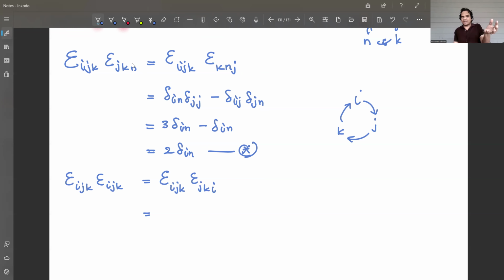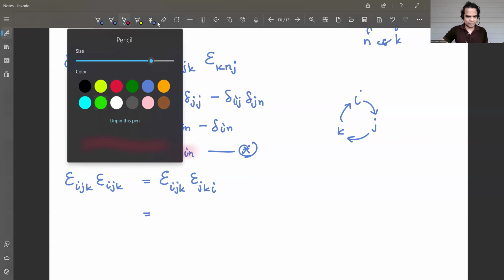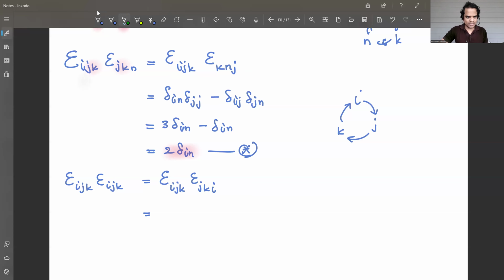So that means our previous one, JK, JK, so here also JK, JK. Now if I want to use the previous finding, what we did there is we removed the common indices, then combined the other two indices, in this case the first and last one. Here these two are common, then we combine the first and last.